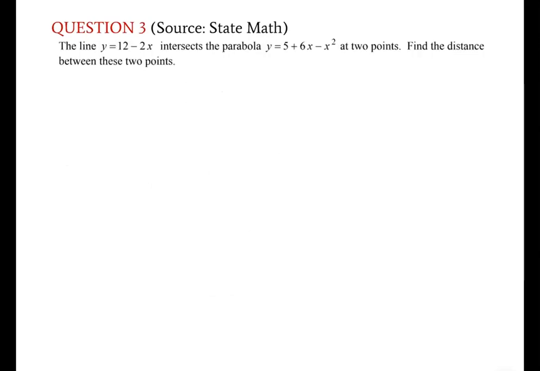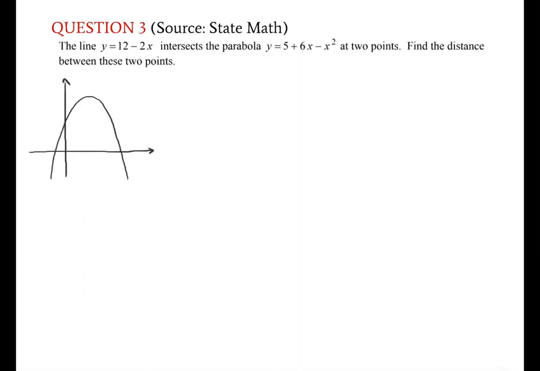Question 3. So you have a line that intersects a parabola at 2 points, and we want to find the distance between these 2 points. If it helps, you don't have to do this, but you can draw a picture to help visualize, and it will look something like this.